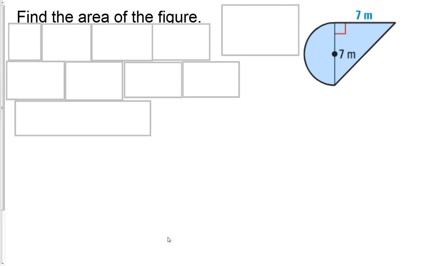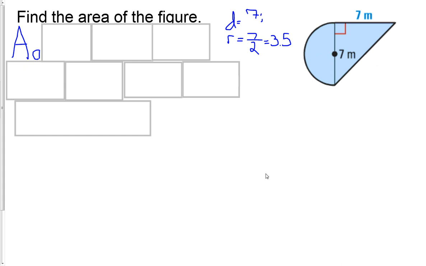Next, find the area of this, I believe we call it a compound figure? No, composite figure, there's the word. And we've got area of a semicircle plus area of a triangle. Well, the semicircle has a radius what, right? 7 is your diameter. So radius is going to be 7/2 or 3.5. And so I'm going to do pi r squared for 3.5 times half, because we're only half a circle.